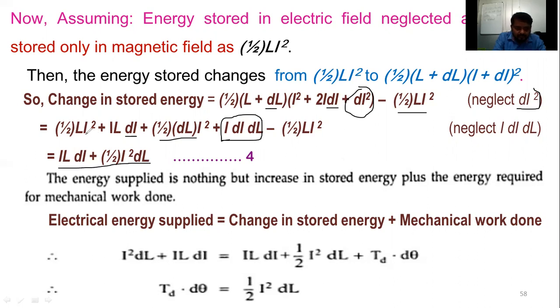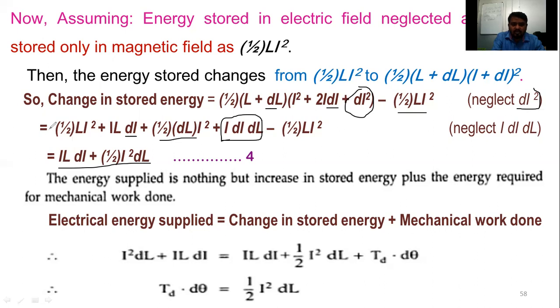So here, see, 1 by 2 L I square. And what is this one? 1 by 2 L I square. Will it become plus or minus?